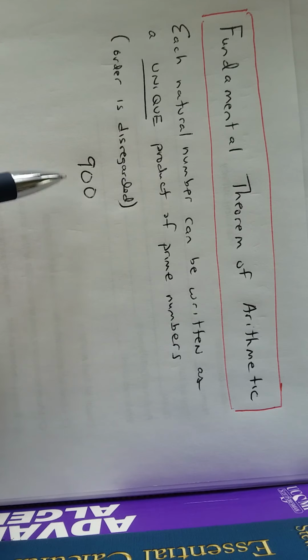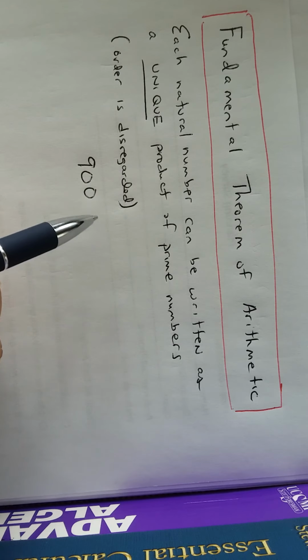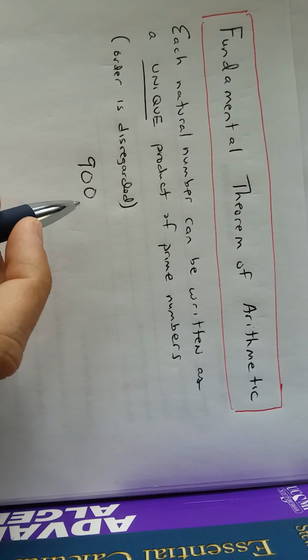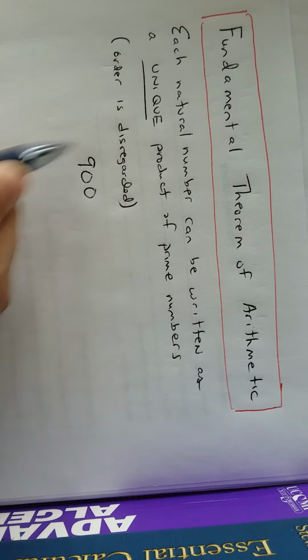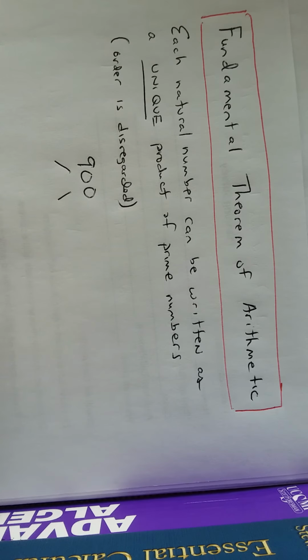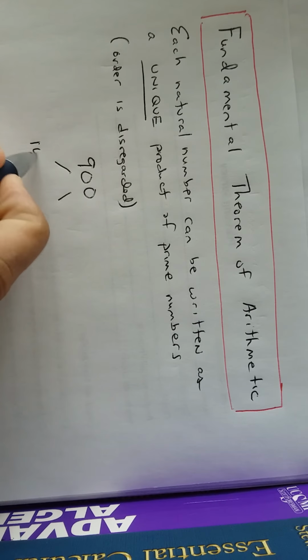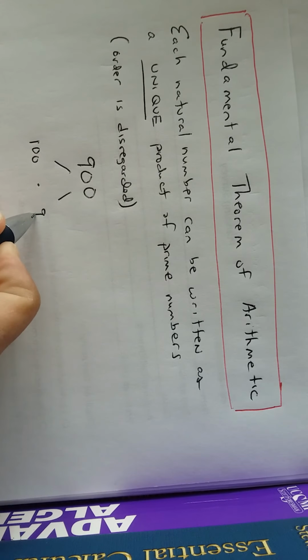So what we do to figure out what this unique product of prime numbers is, we look for what we call the prime factorization. And the prime factorization essentially says, take this number and make a factor tree out of it, and we'll figure out what it is. So your first step, obviously, what 2 numbers multiply to give you 900? And there's a lot of combinations of those numbers, but to me what comes to mind is 100 times 9.